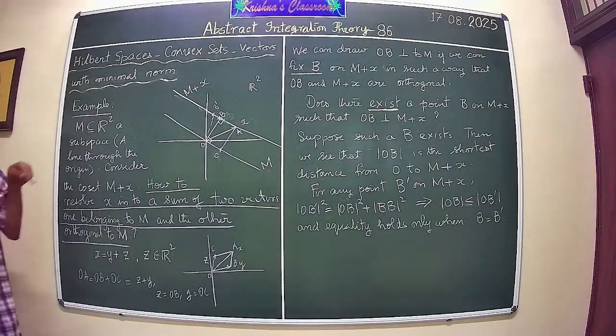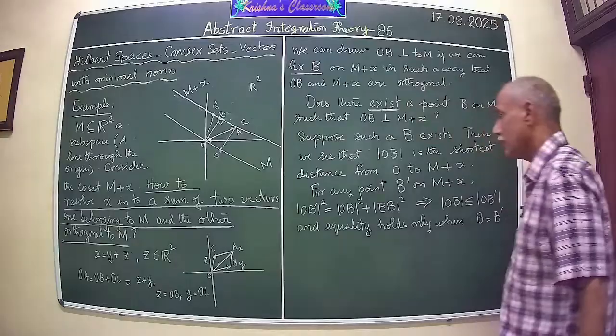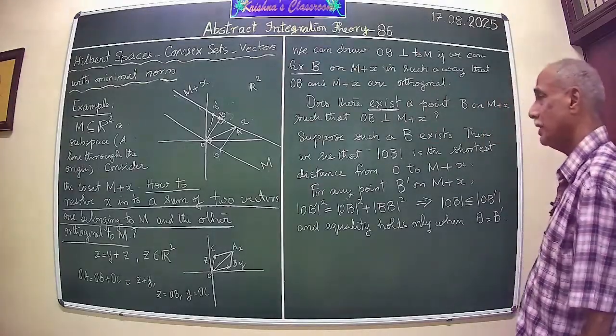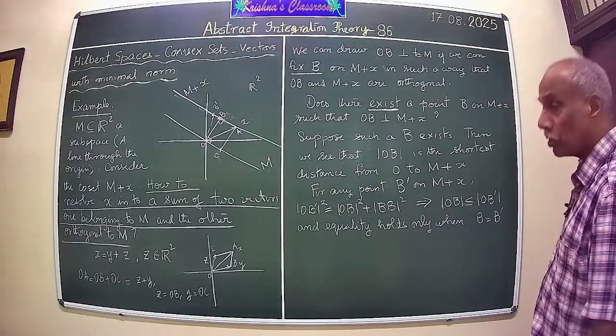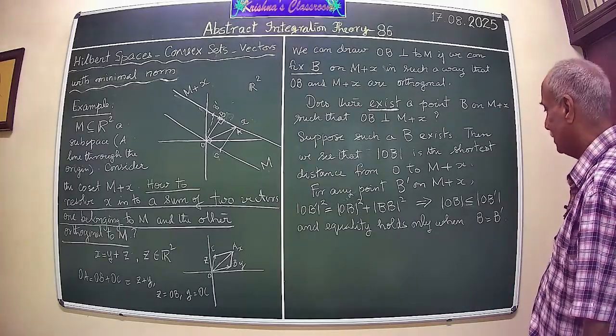So can you use this property to identify the point B so that it will be orthogonal? That's the point. Okay, right?